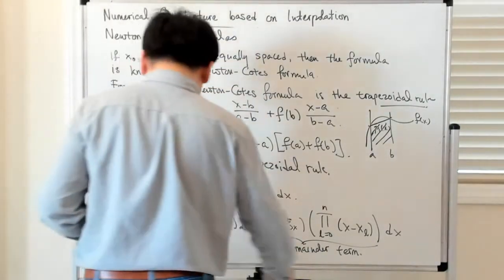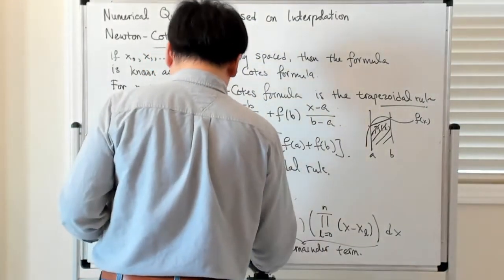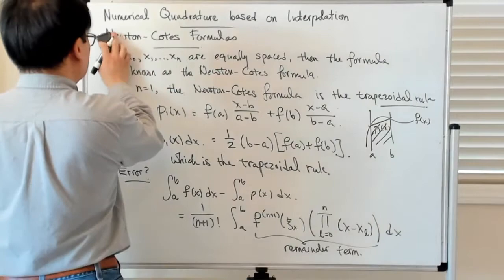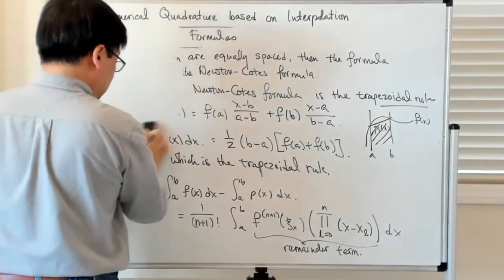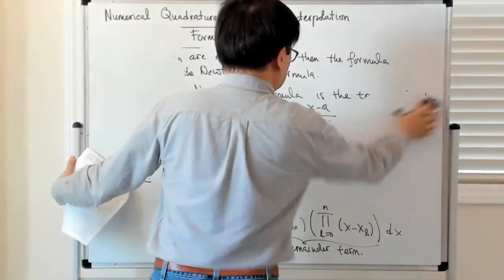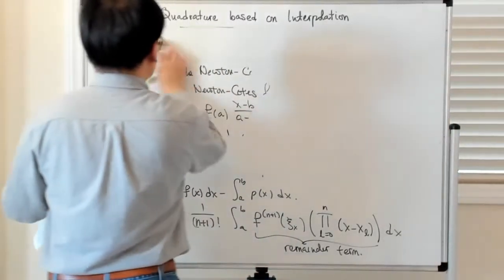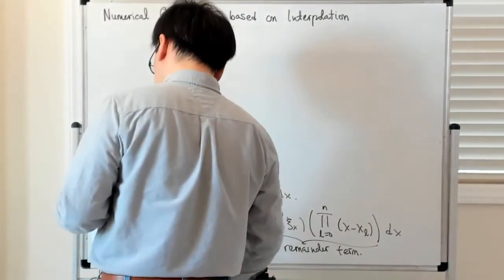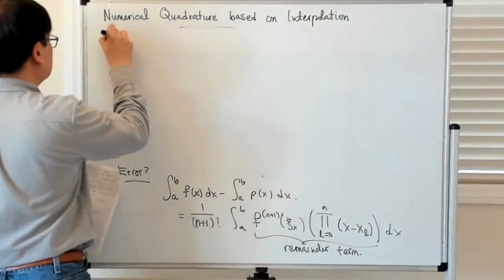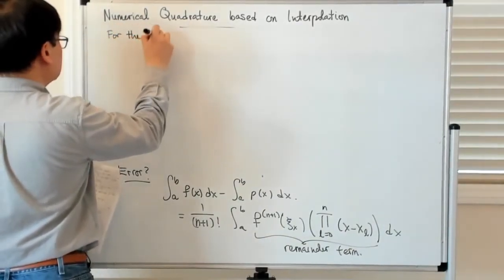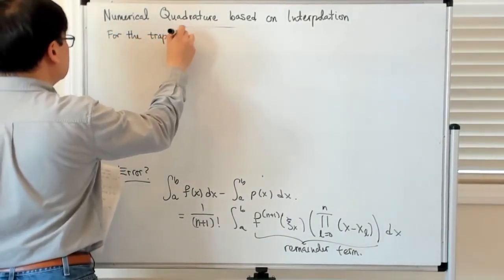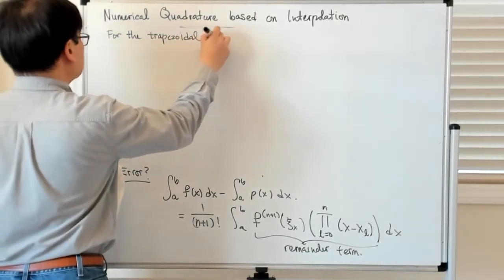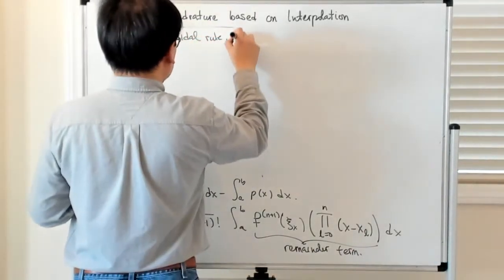Okay. So let's look at the special case again of the trapezoidal rule and see what happens. So for the trapezoidal rule, n is equal to 1.